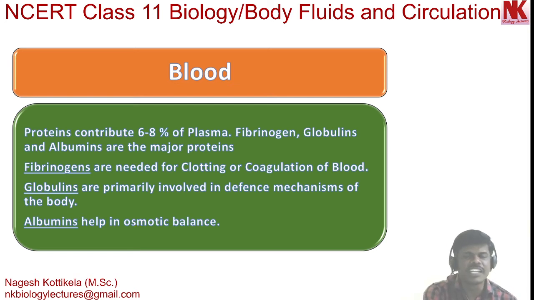Osmoregulation is nothing but maintaining the water and salt balance, maintaining homeostasis of the water content in the body. So, these three, fibrinogens, globulins, and albumins, are the major proteins present in plasma.